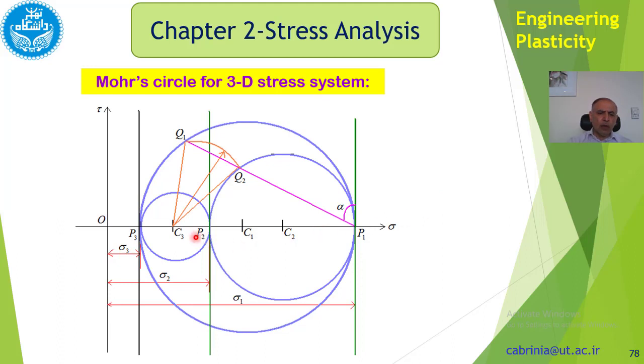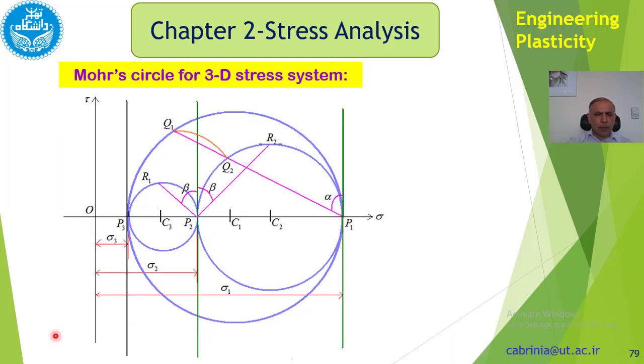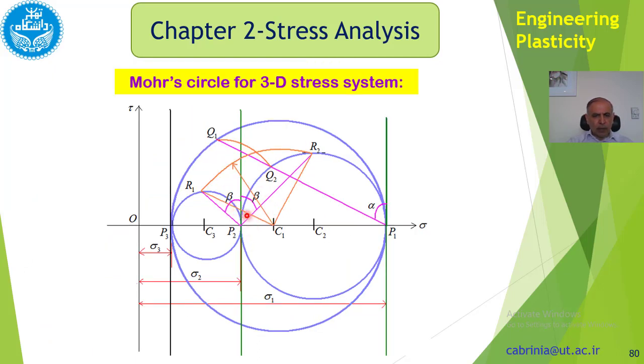Then I draw a circle with the radius C3Q2, C3Q1. That circle, Q1, Q2, is the arc. And then I draw another angle which is beta, because we have this line perpendicular to sigma 2 and sigma 3.